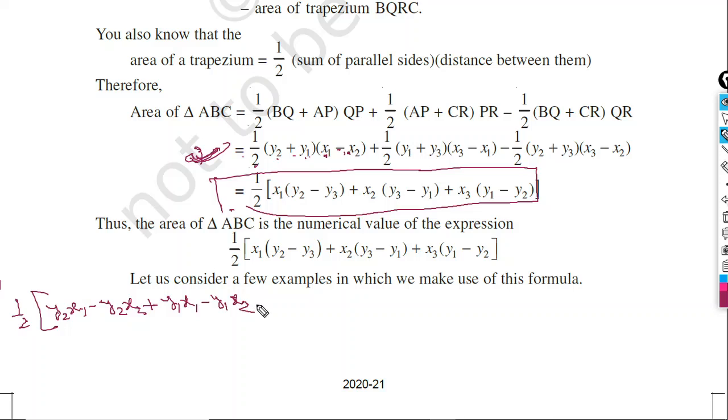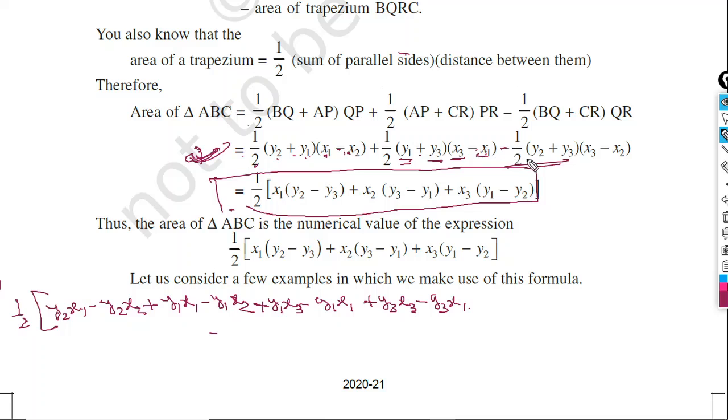Then come to here: y1 into x3 minus y1 x1 plus y3 x3 minus y3 x1. Let's write it: plus y1 x3 minus y1 x1 plus y3 x3 minus y3 x1. Now we'll move to this part.